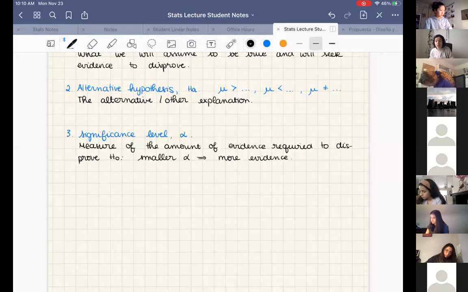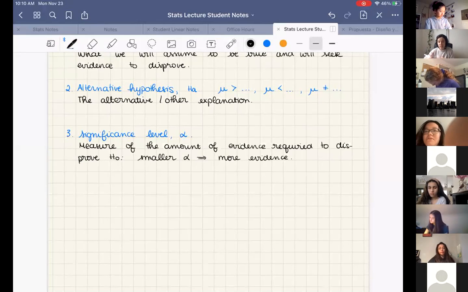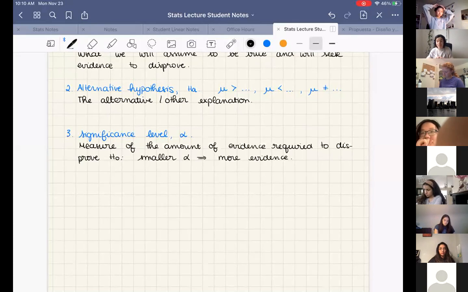Okay, so if I have a smaller value for alpha, that means that I am going to require my data to be more extreme, to provide more evidence, if I am going to conclude that the initial hypothesis is untrue, right? So to show that the initial hypothesis is not true, I'm going to have to give more convincing evidence if the value of alpha is smaller.